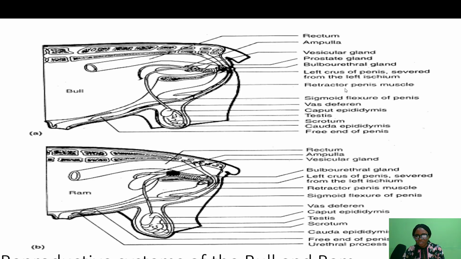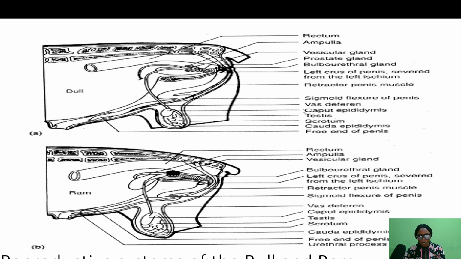We also have the retractor penile muscle and the sigmoid flexure. These two organs represent the mechanism by which the penis is recoiled or packed within the body of the animal when it is not fully erected. Then we also have the vas deferens, the caput epididymis, the testes, the scrotum, and the cauda epididymis.